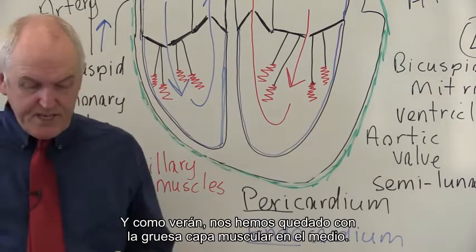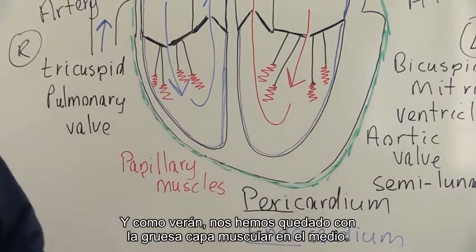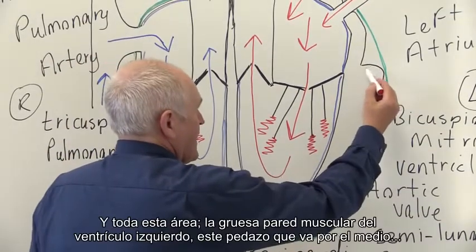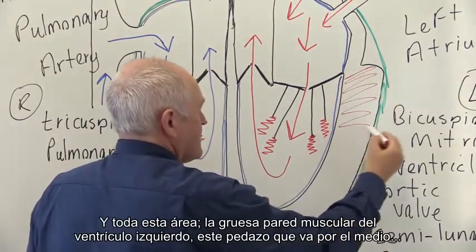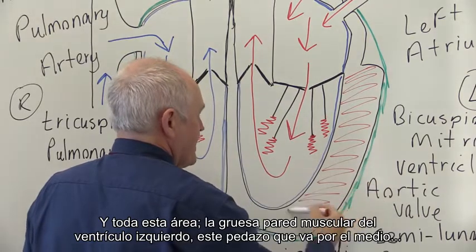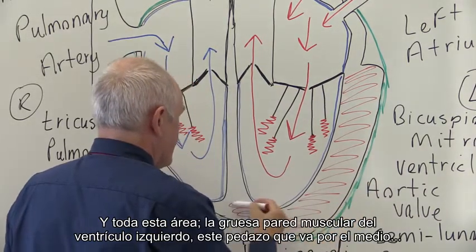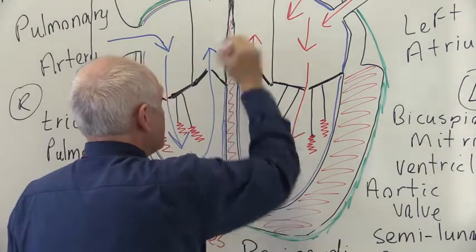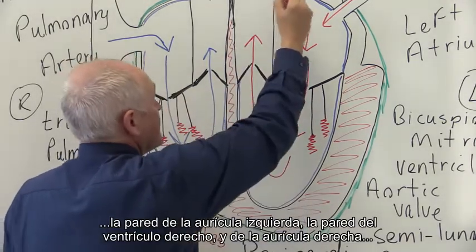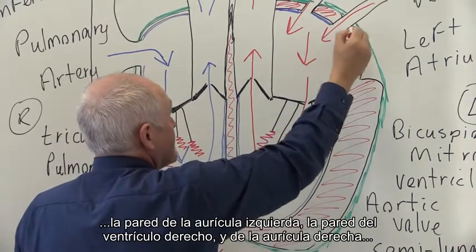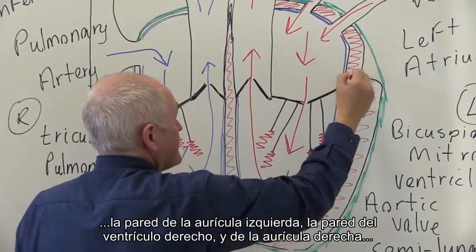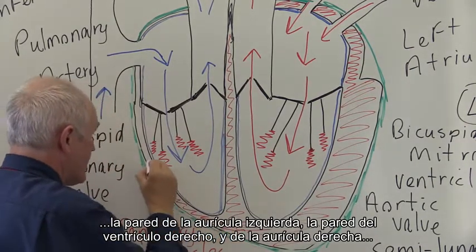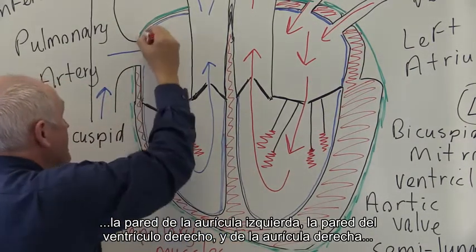And of course, as you'll see, this has left out the thick muscular layer in the middle. And all this area here, the thick muscular wall of the left ventricle, this bit that goes up the middle, the wall of the left atrium, the wall of the right ventricle, and the right atrium.